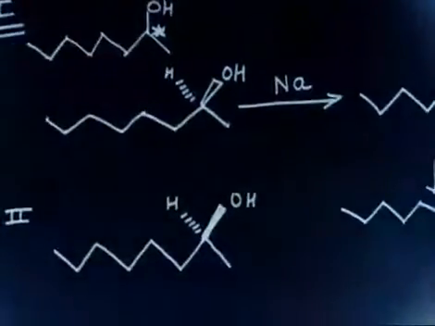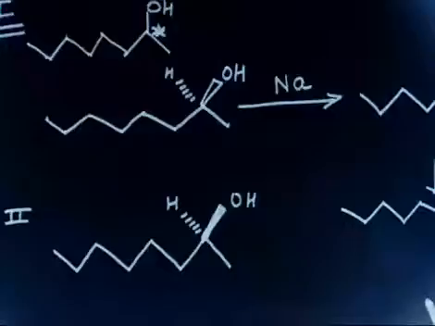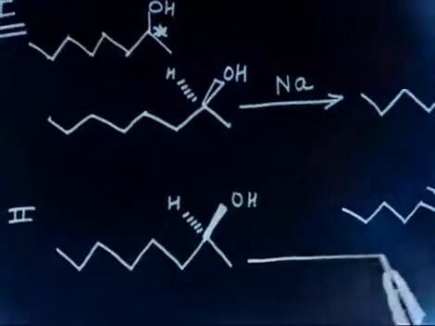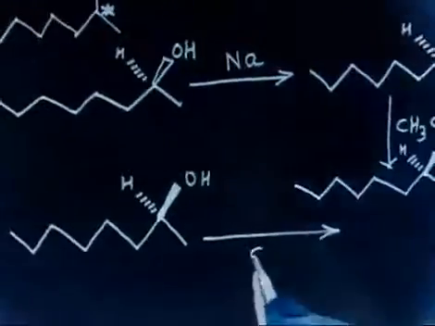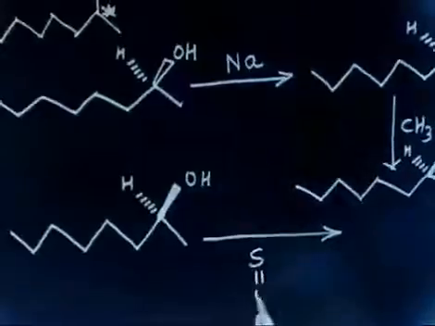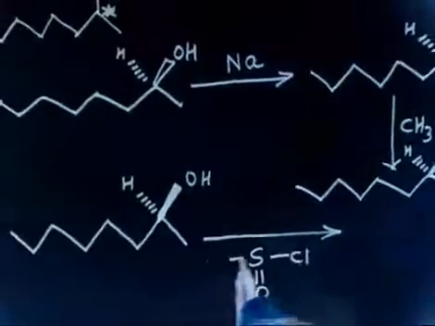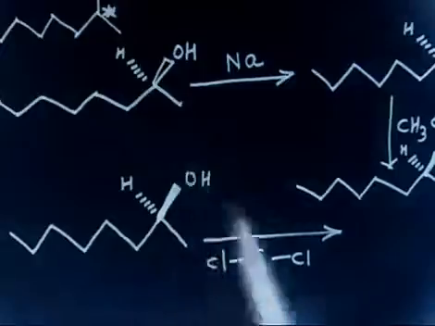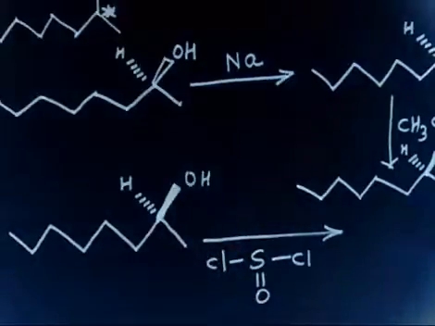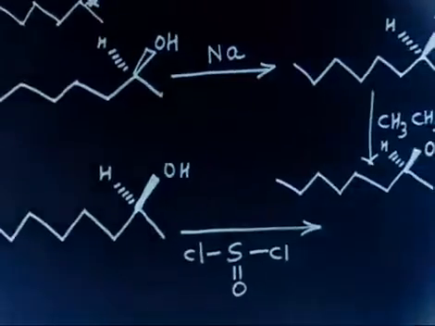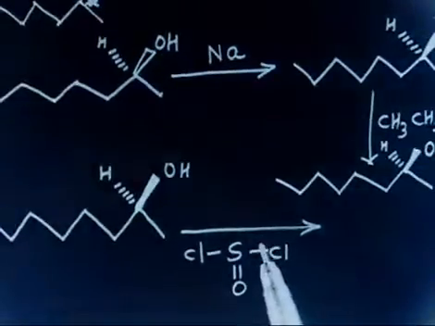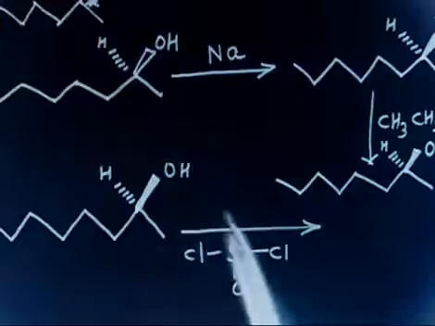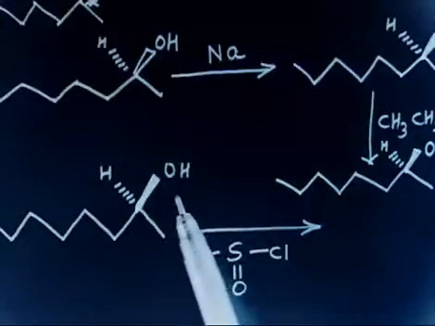Now the question says this compound is treated with thionyl chloride, SOCl2. If you remember, with SOCl2 the OH is removed and one Cl is added, and this happens with retention of configuration. If only SOCl2 is taken, the OH will be lost and Cl will attach here with retention of configuration.